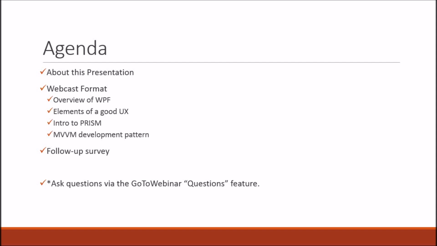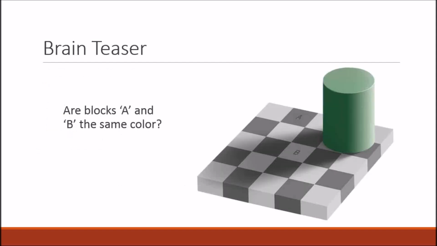Okay, let's get started, but let's get started on a lighter note. I like to do these brain teasers once in a while, just to get our brains going. So here's the question: the blocks marked with A and B, are they the same color? And the interesting thing is they are the same color.